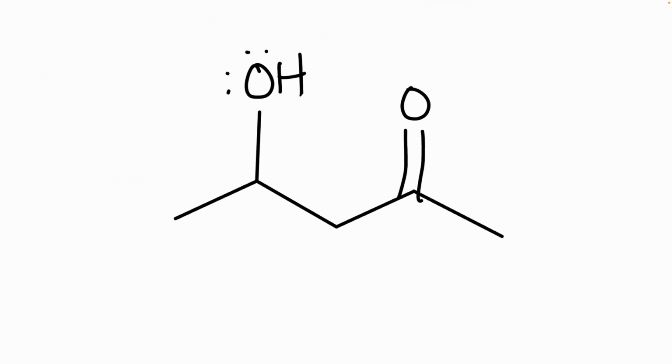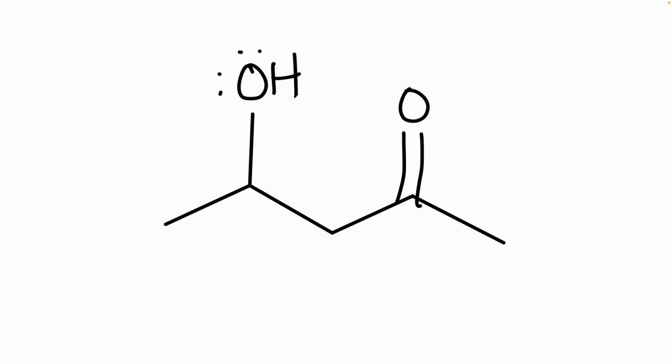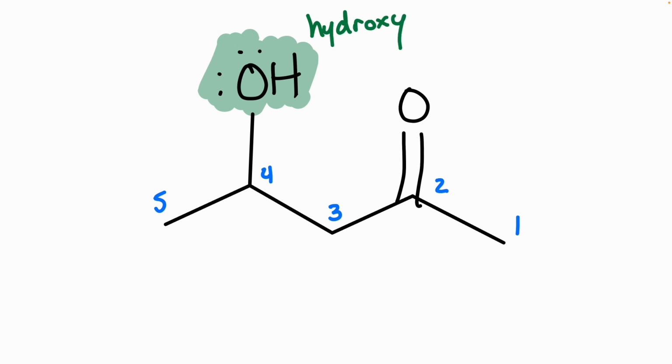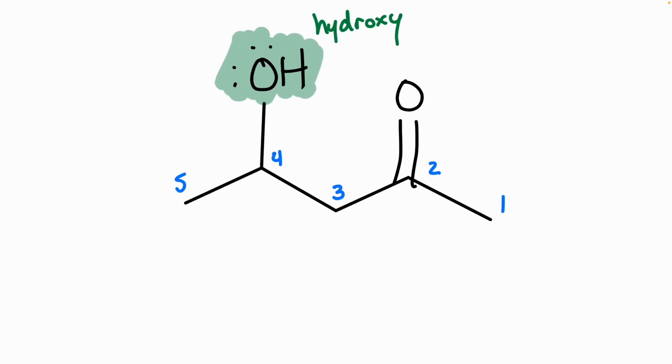All right? Because my ketone's the higher priority group, I'm going to number to prioritize that high priority group. All right, and again, that alcohol kind of loses all of its special powers in our naming here. Now it is just a hydroxy substituent. Okay, just like all the other substituents, I'm going to indicate its location in my name.